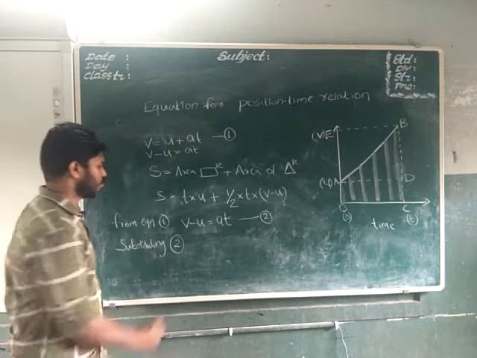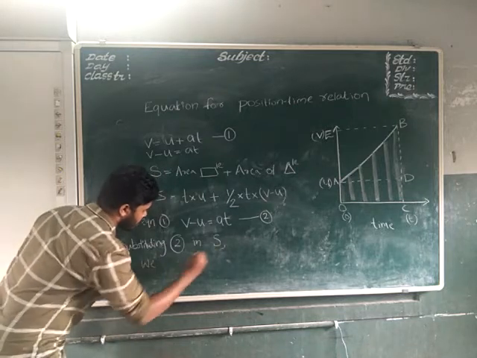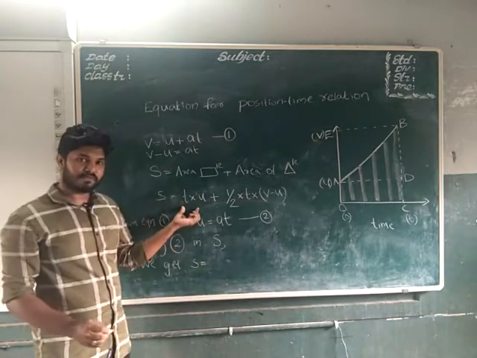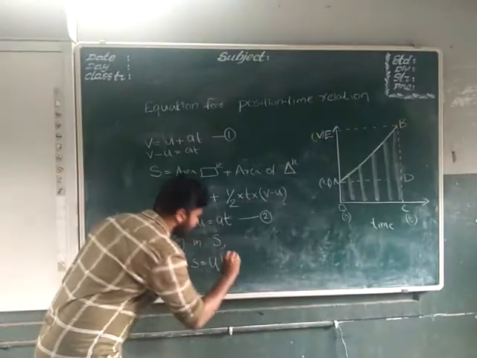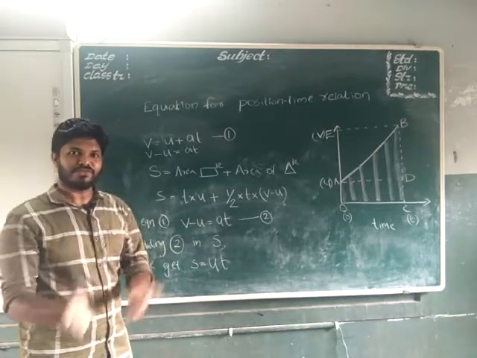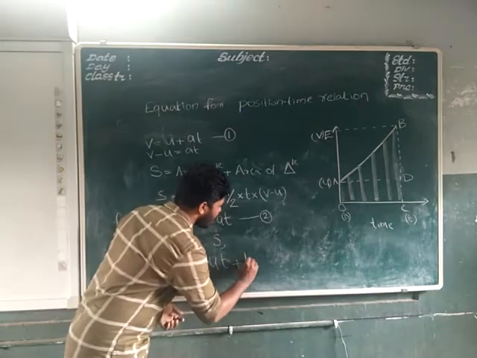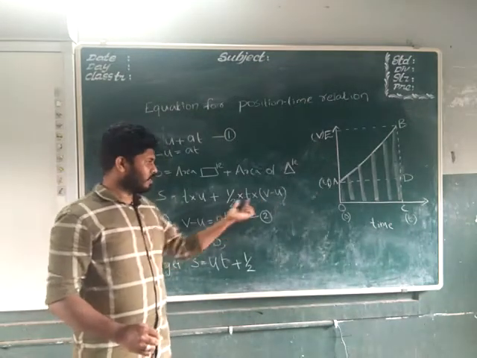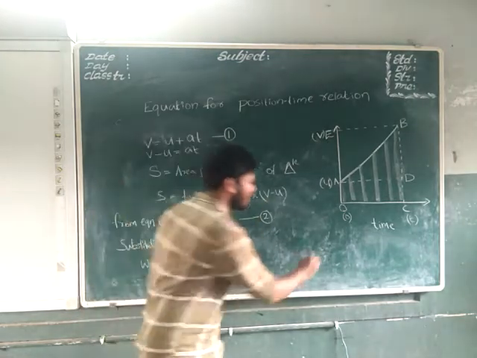In equation 2, we get s equal to, instead of t into u, we can write u into t, or ut. 5 into 2 equal to 2 into 5, therefore we wrote it as ut plus half into, now see, v minus u equal to at. Half into t into at. What is at into t?